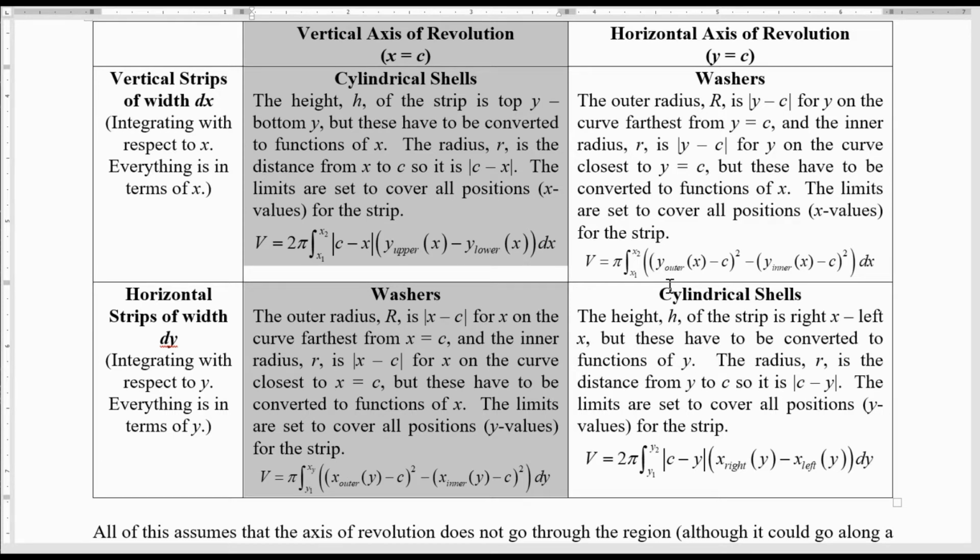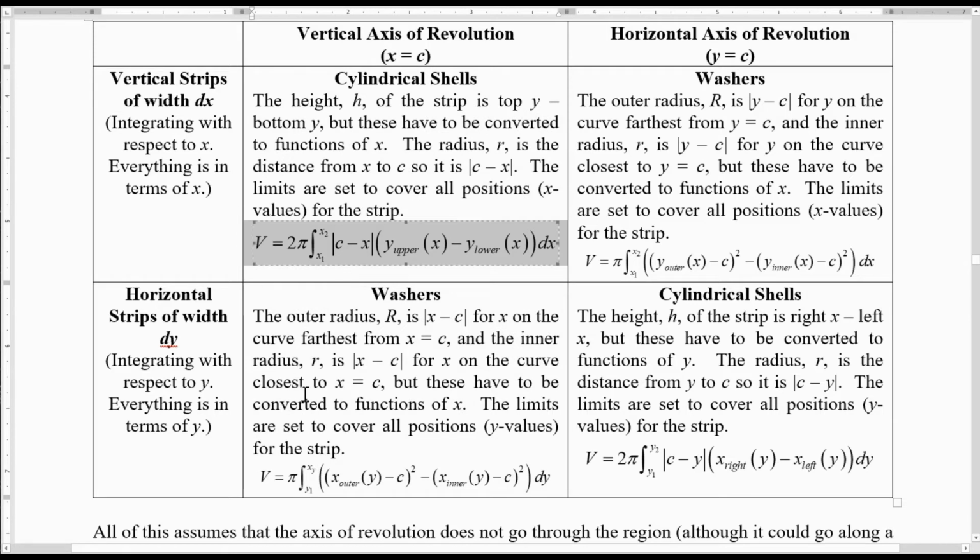Use whichever one you want; the absolute value is the same thing. And the limits are set up to cover all the values for the strip, so we let x go from the lowest x, x1, to the upper x, x2. That's your basic setup for the integral that you see right there.